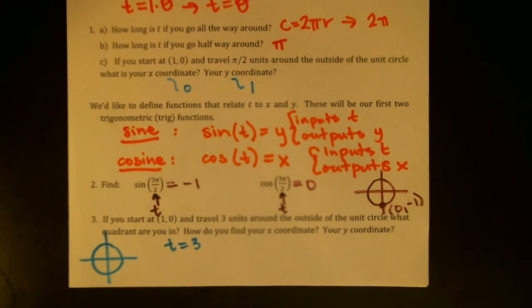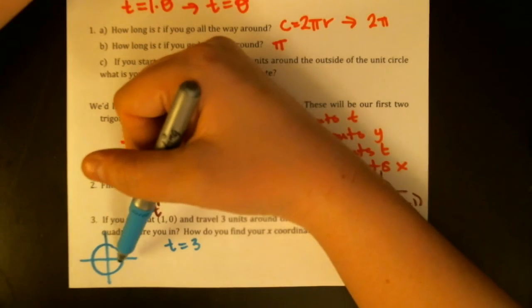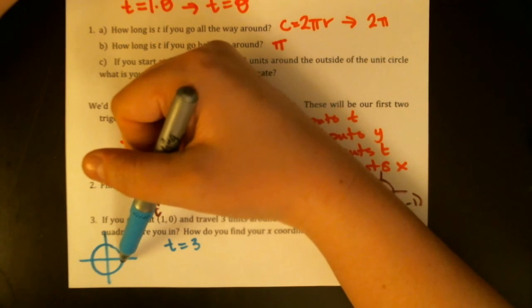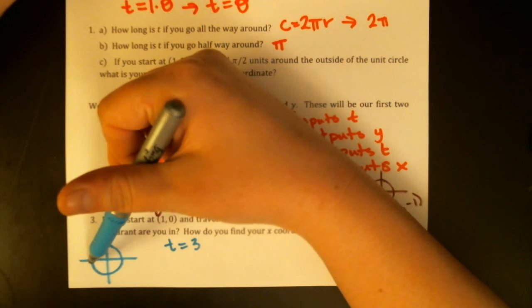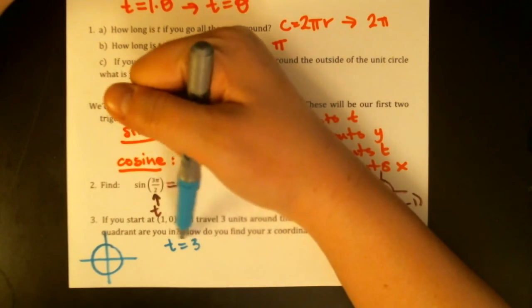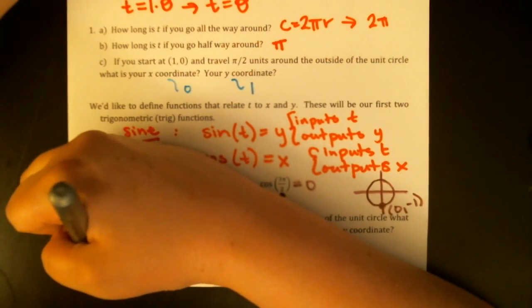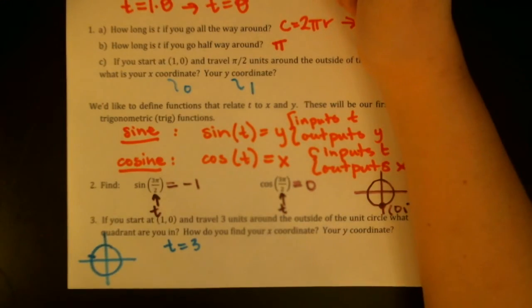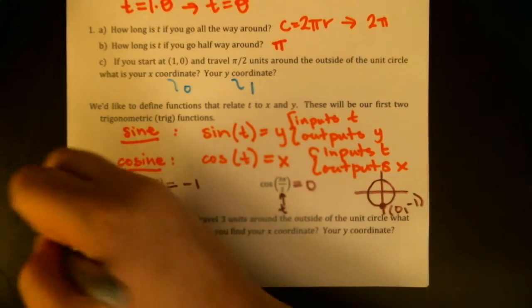And remember, there's nothing wrong with t not being a multiple or a fraction of pi. If t was equal to pi, we would land right here. Pi is approximately 3.14, so we've gone almost that far. We've gone 3, but not quite. So we're really close to the x-axis, but not quite there. So that's my location. I'm in quadrant 2.